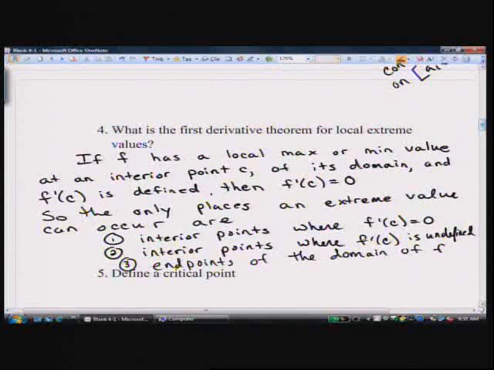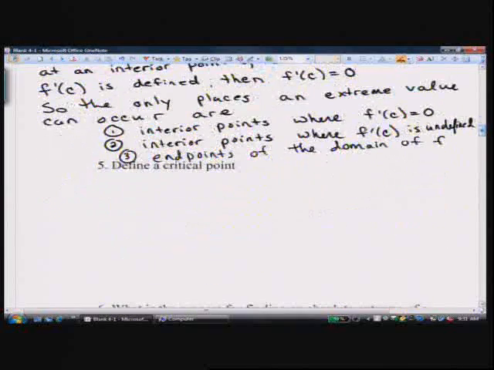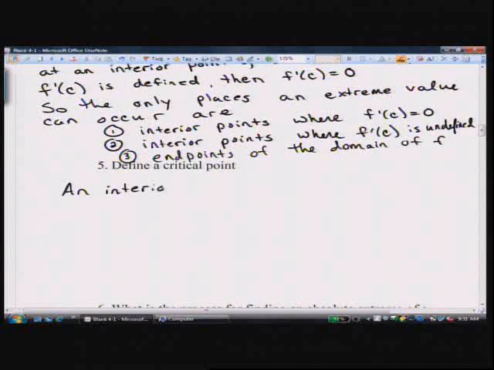And it turns out a critical point is that place where you need to look. It is an interior point of the domain where the derivative is either 0 or undefined. Are y'all okay with interior? That means it's not one of the endpoints, because those are considered separately.